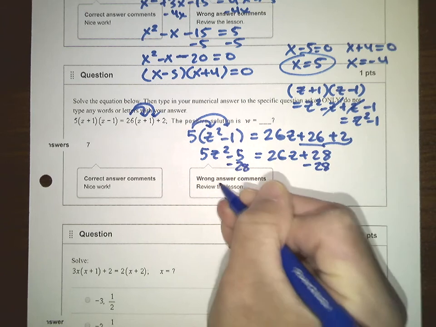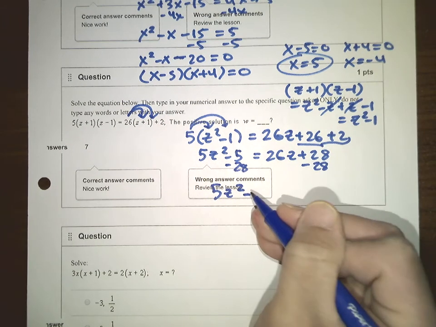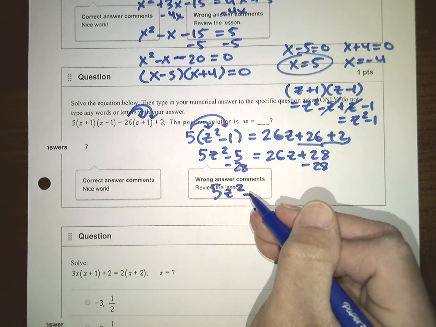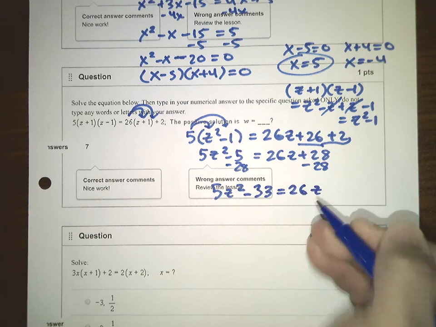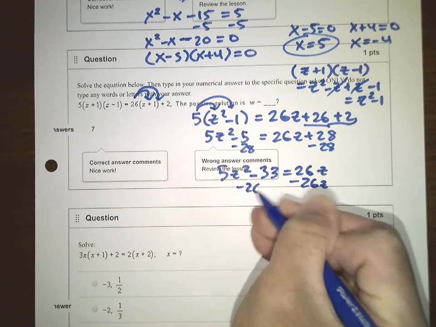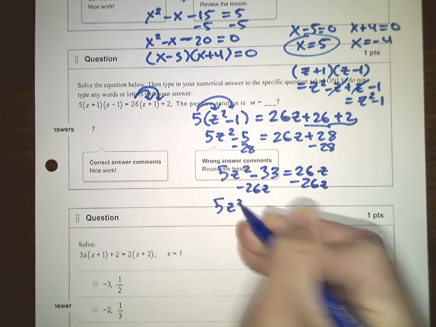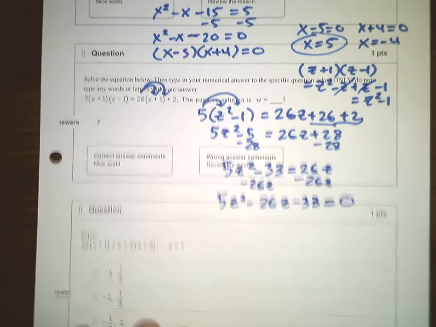So I have 5z squared minus, what will this be? This will be, wow, 33 is equal to 26z. Then subtract the 26z, so minus 26z. Right, so I have 5z squared minus 26z minus 33 is equal to 0.